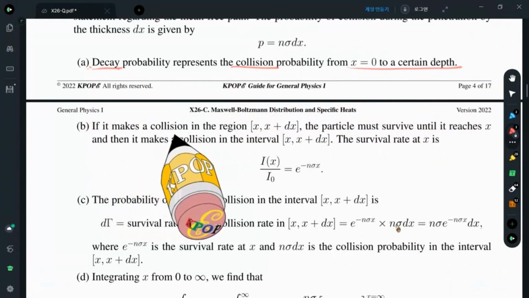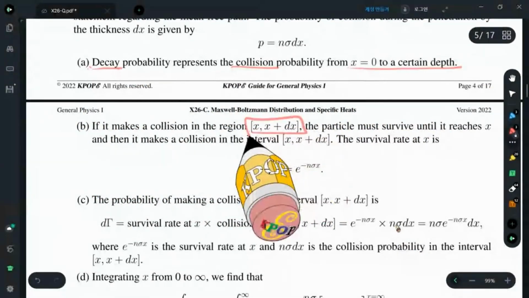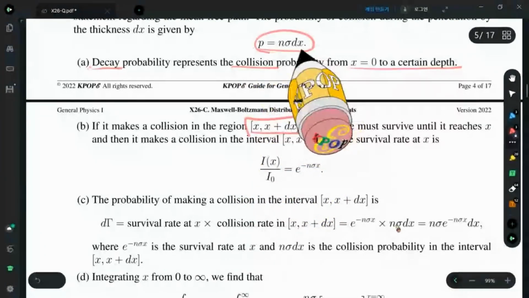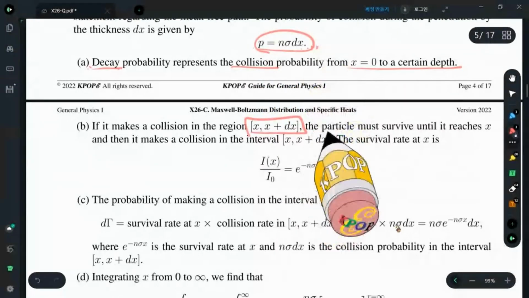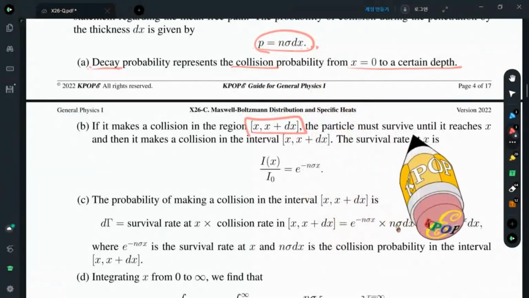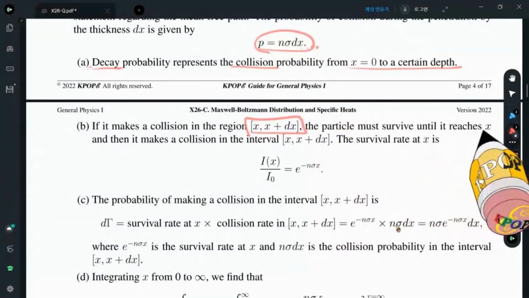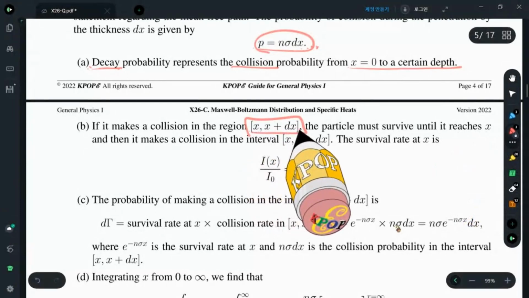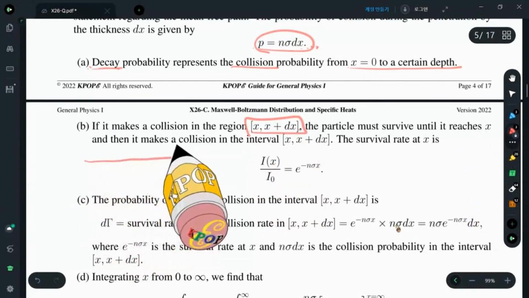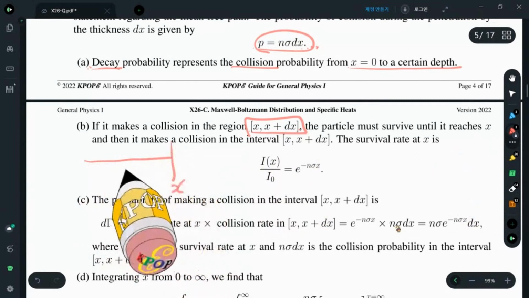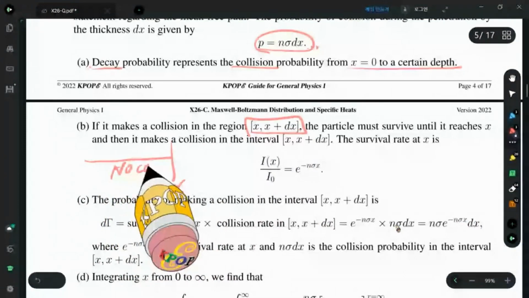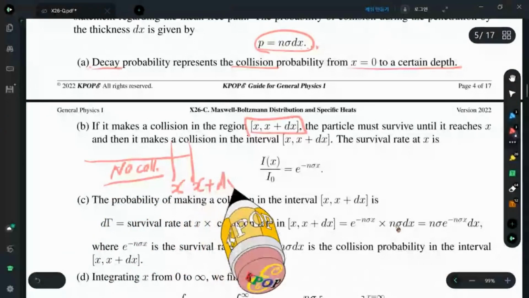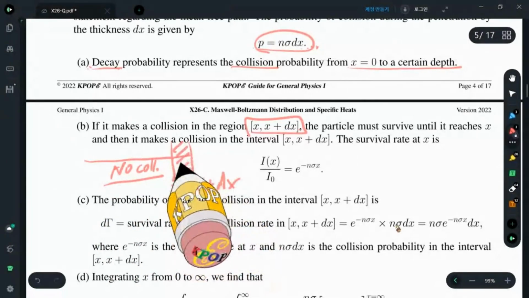Okay. If it makes a collision in the region, then we need to compute the probability of making a collision. The particle must survive until it reaches x. Yes, if it decays in this region, that means until x it survives, no collision, and suddenly, between x and x plus dx, it makes a collision.